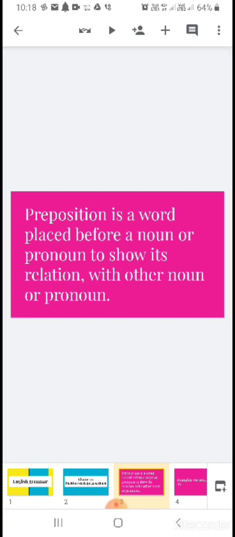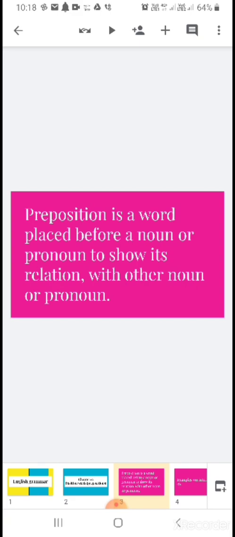A preposition is a word placed before a noun or pronoun to show its relation with other nouns and pronouns. What is a preposition?